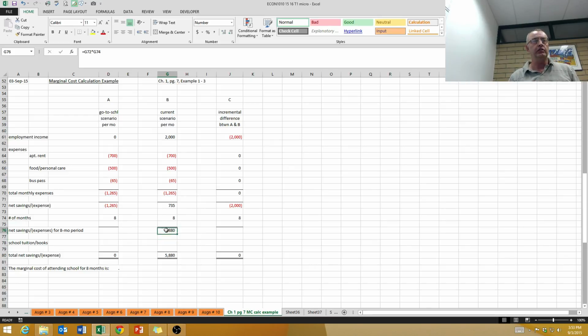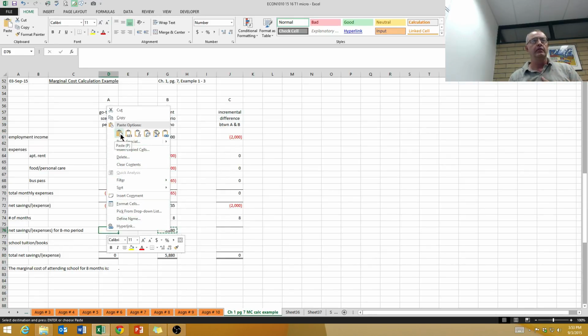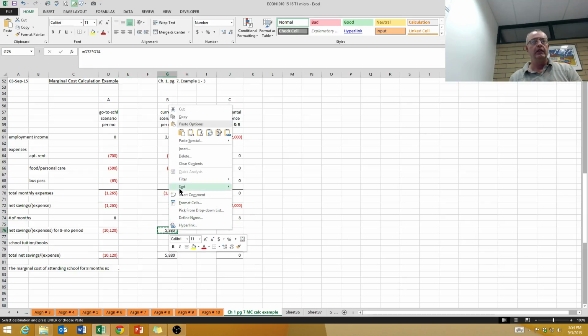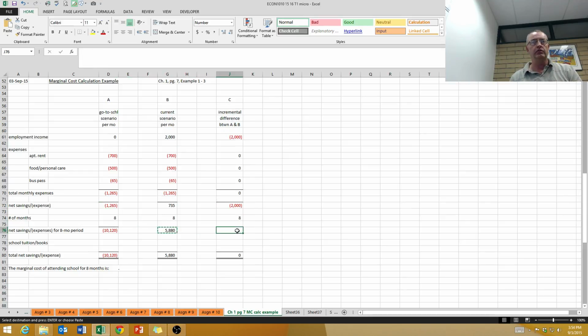And if she instead goes to school, the net cost to her for living expenses is going to be $10,120. That's $1,265 per month times 8 months. And I'm going to carry that across.